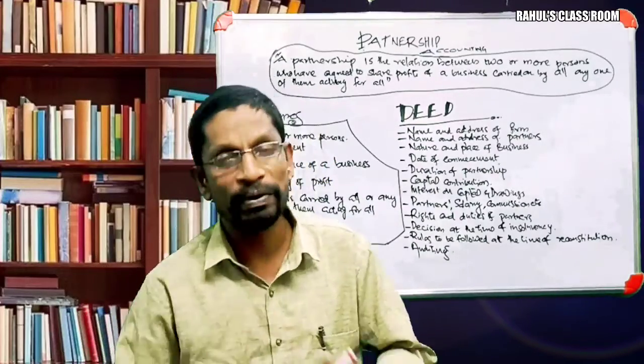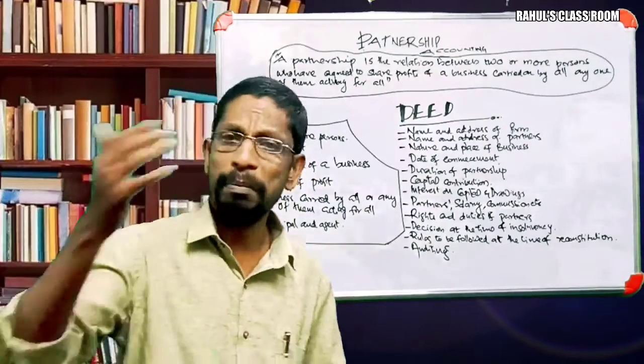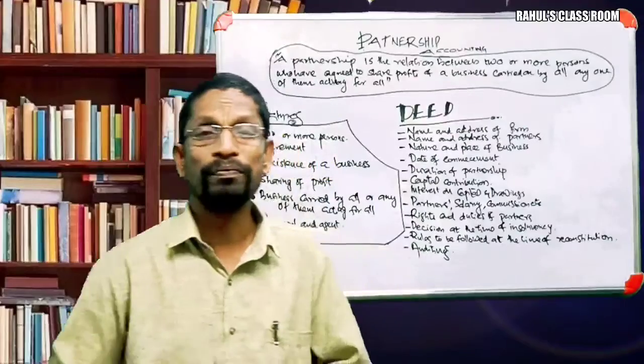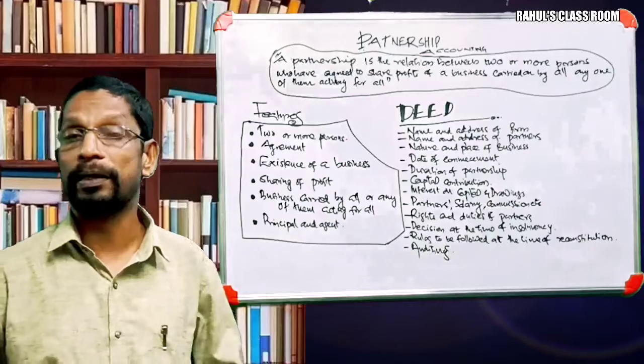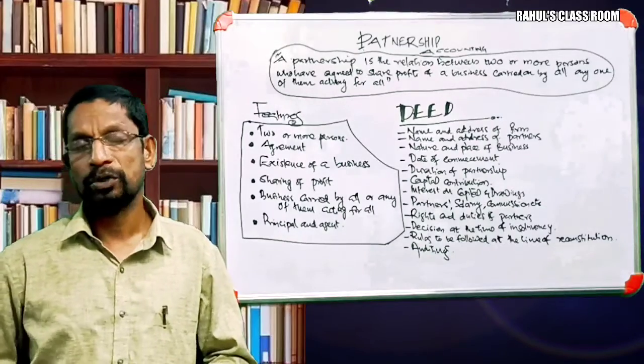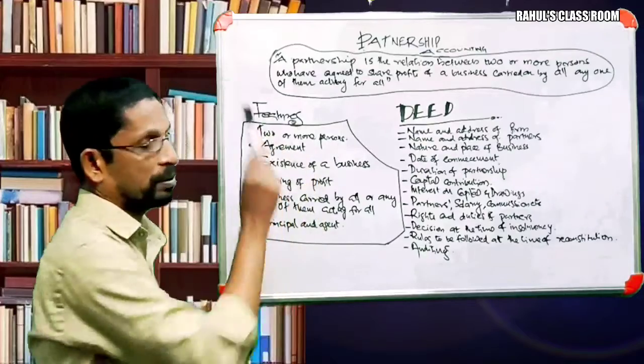Okay. When we are checking the features of the partnership, we can see many features, but out of these we are discussing the main or important features of the partnership organization. So the first feature: two or more persons.